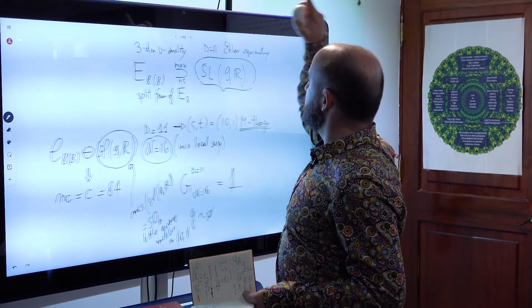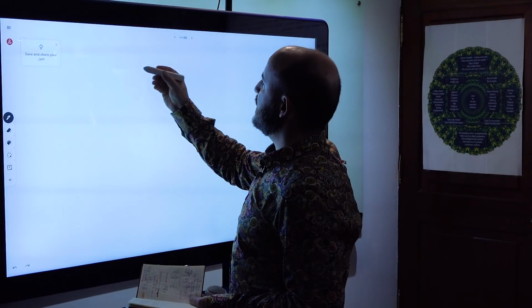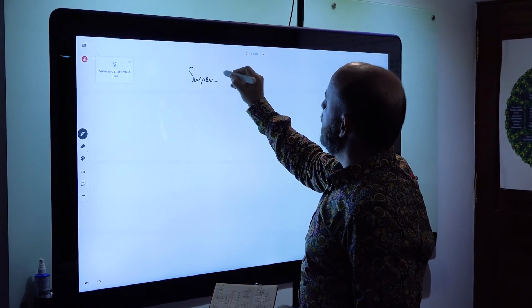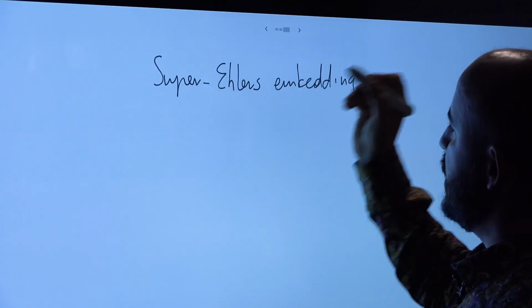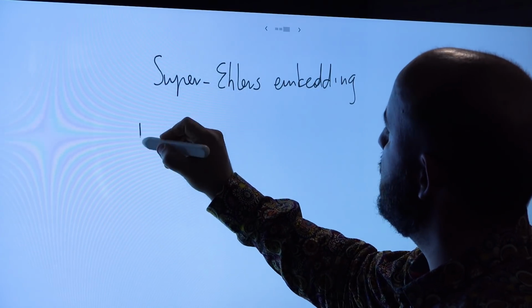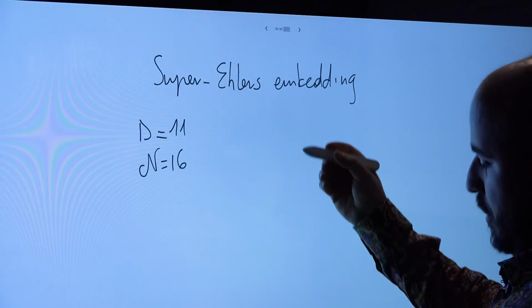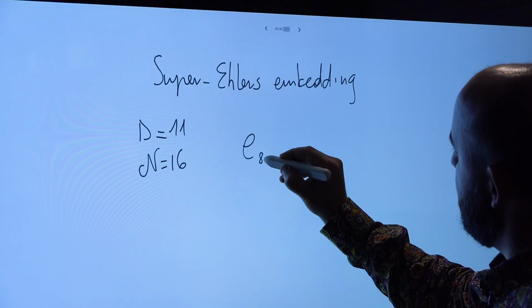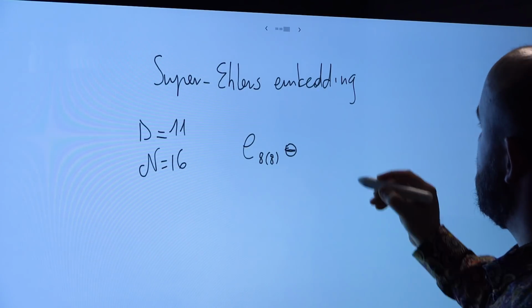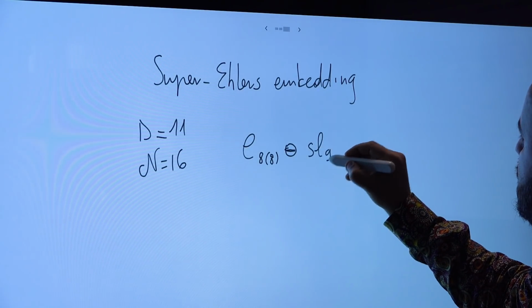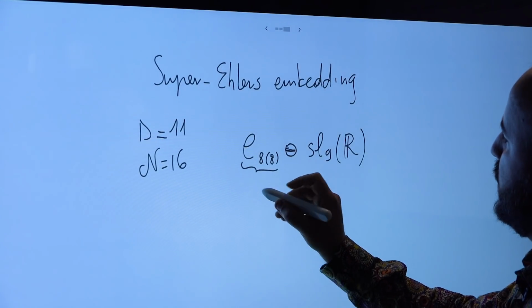Okay, so I will switch to another virtual page. Let's now study once again the super-Ehlers embedding. For the moment, this is just the mathematical description of this embedding for D=11 and N=16. We have the coset algebra, the generators which give rise to the coset. Now let's study how these decompose.